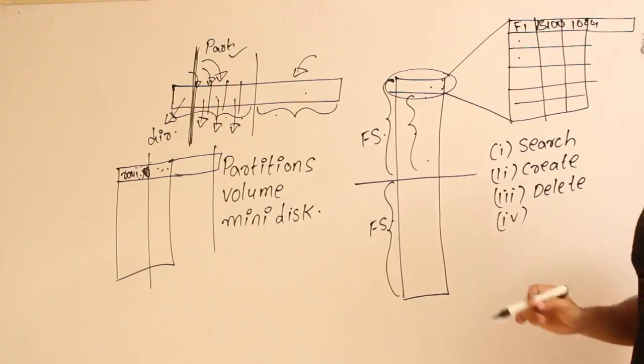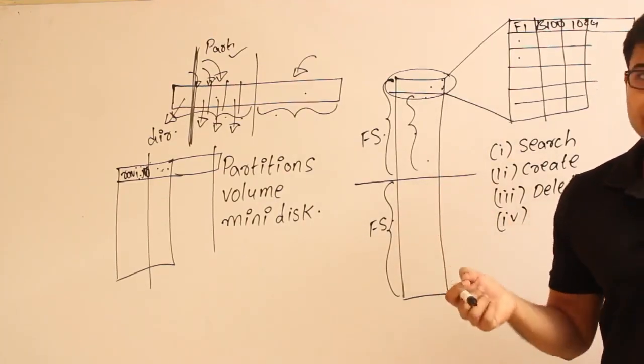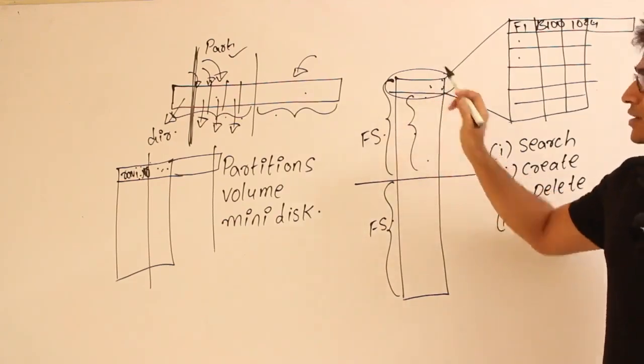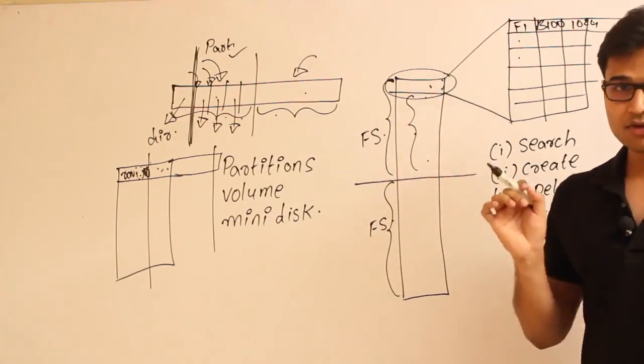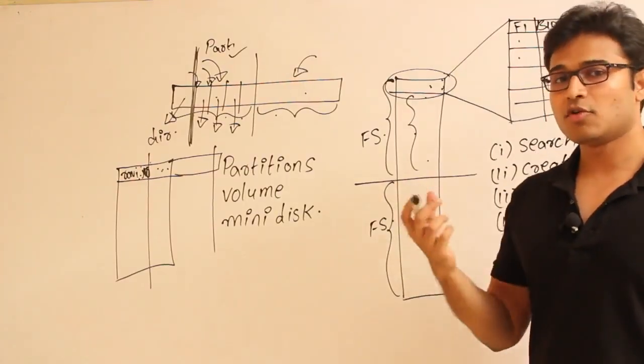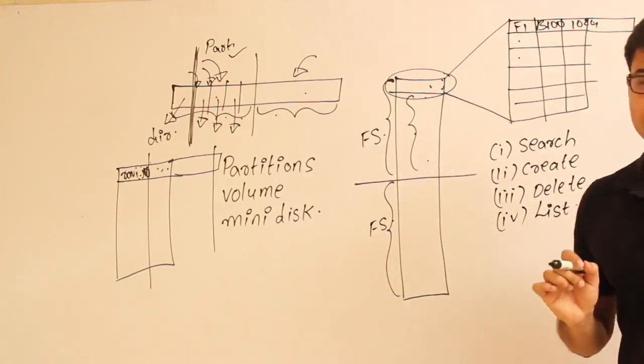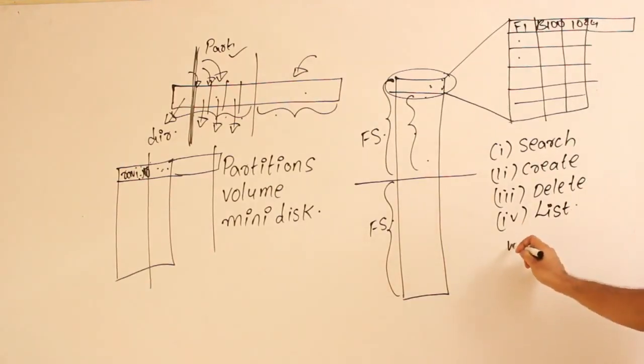Fourth thing is you might want to see what are all the files that are present in this directory, or in case there is only one directory in the file system, you can say what are all the files that are present in this file system. In that case, you might want to list all the files that are present in this directory. And what is the other thing that you might have to do?